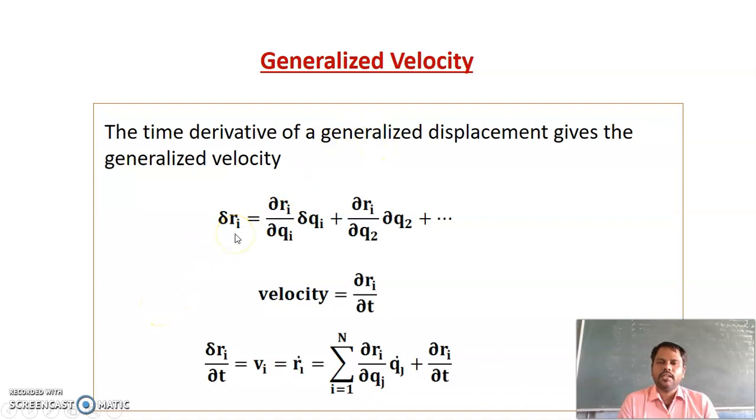Differentiating the above expression with respect to t, we arrive at summation j is equal to 1 to n dou Ri by dou qj into qj dot plus dou Ri by dou t. So this is an expression for generalized velocity.